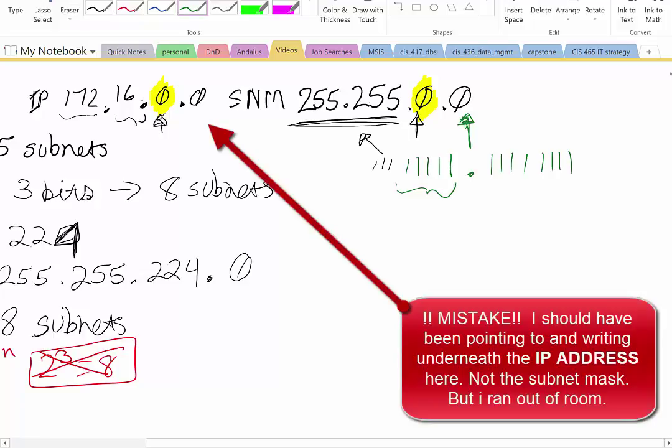And actually, to differentiate this better, I should use zeros, because the ones signify that something has been used up or is being taken for the network part. So I'm going to erase this now, and I'm going to show you what this entire thing would look like in actual bits. I'm going to do this in green. So the third octet here, I'll put the network part in black. 1, 2, 3. We borrowed 3 bits from the third octet here.